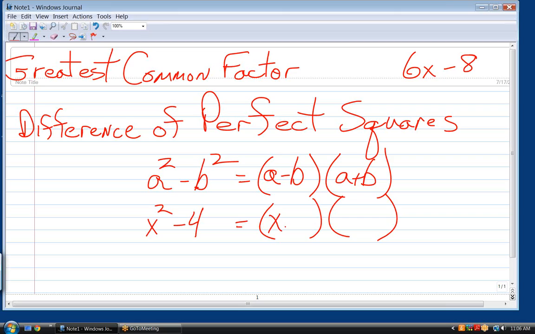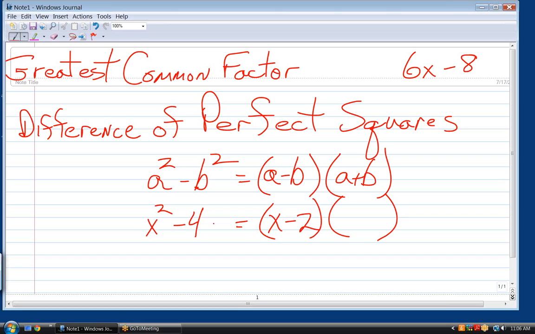I can't quite hear you, Chris. x minus 2. And the reason is that in this first expression, notice that a is the square root of this, and b is the square root of this.